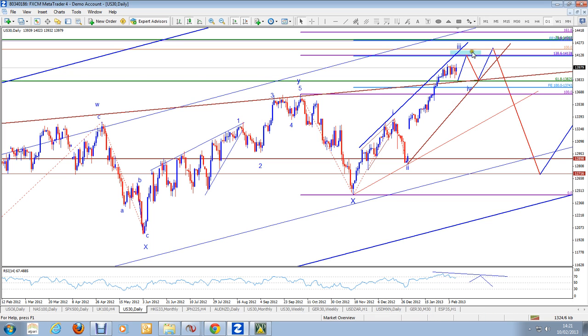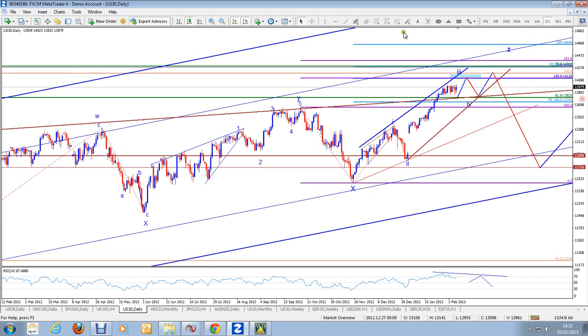Still supportive of the upward bias, but in the process we are currently consolidating, and part of that consolidation could be a small quick visit to 13,800 or so, 13,800 to 13,700, and then push higher. So that's the general outlook for the equity.